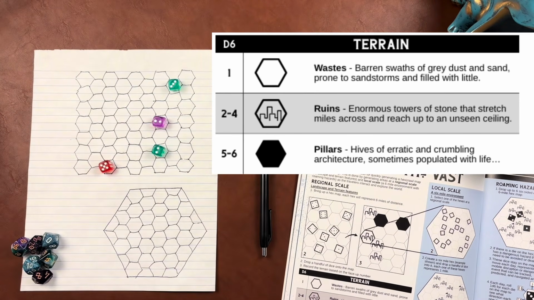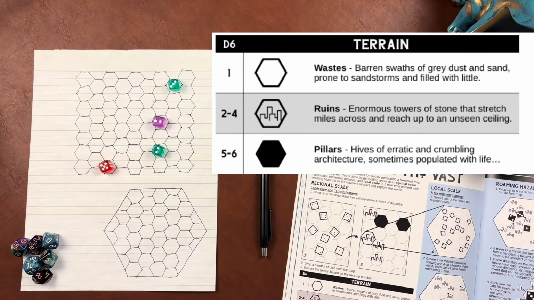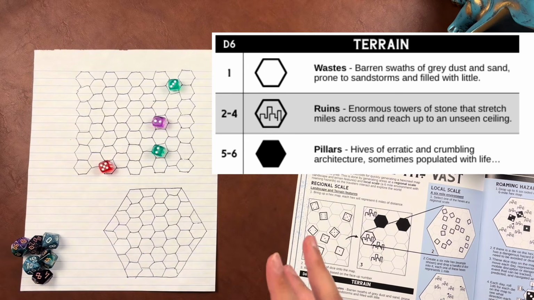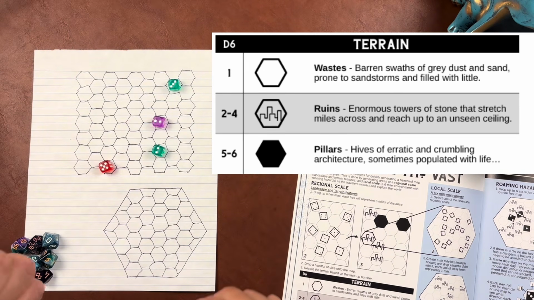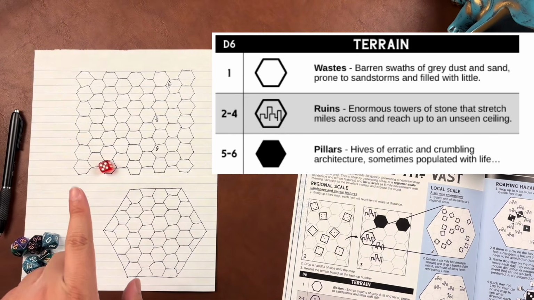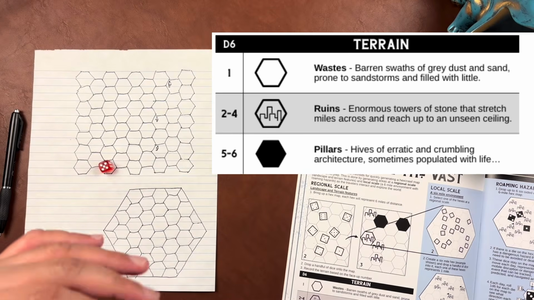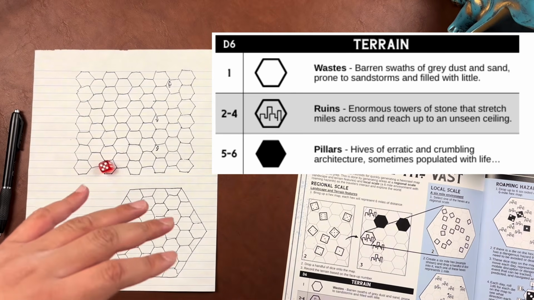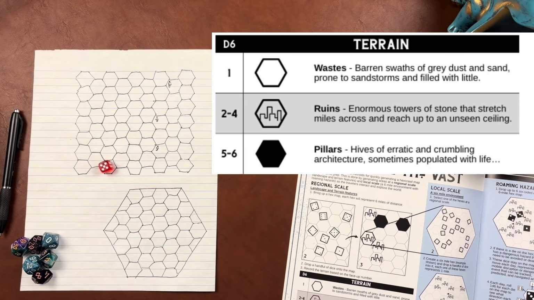Spaces 2 through 4 are ruins, which includes dungeons and settlement types that the players will want to go to. 5 and 6 are pillars, which within the world of The Vast and the Dark are large 6-mile wide pillars that encompass the entire hex. So these basically account for impassable terrain in your setting.